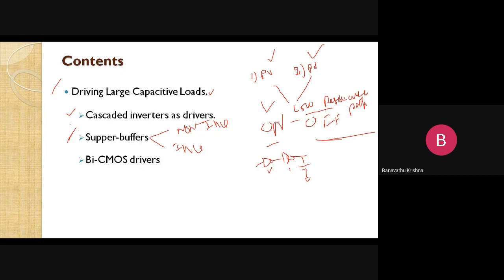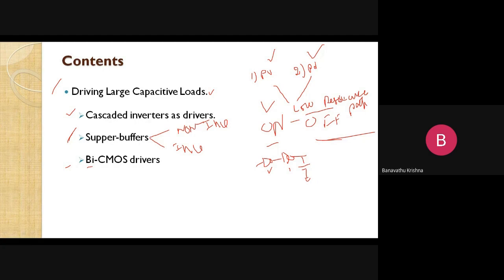The third one is simply a CMOS inverter. You know that a bipolar transistor needs a very small input voltage, VBE, the base emitter voltage, to go into the on condition.